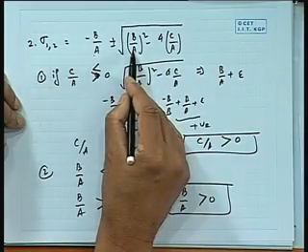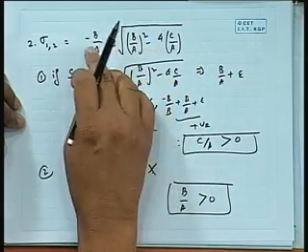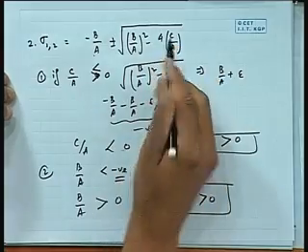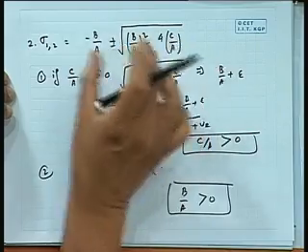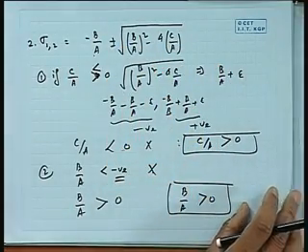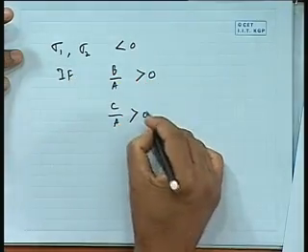Because if b by a is positive, remember that, then this is negative. So there is negative minus negative, negative minus another number smaller than that. So we end up getting the criteria that both sigma 1 and sigma 2 will be negative, provided b by a is greater than 0 and c by a is greater than 0.